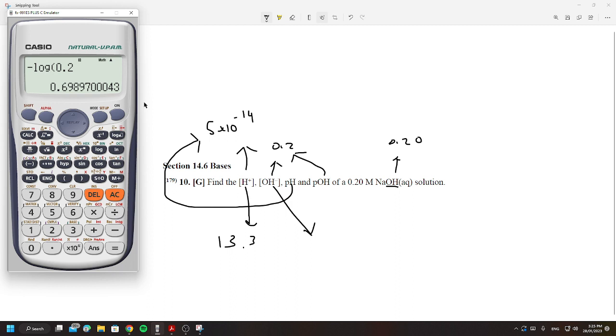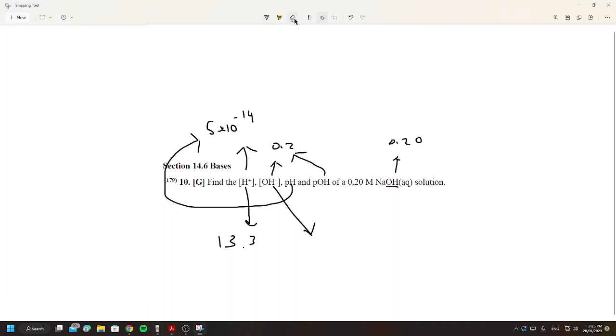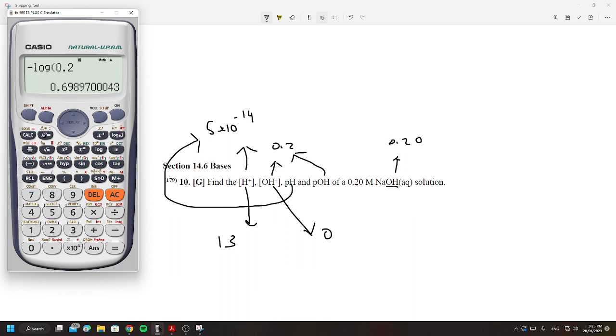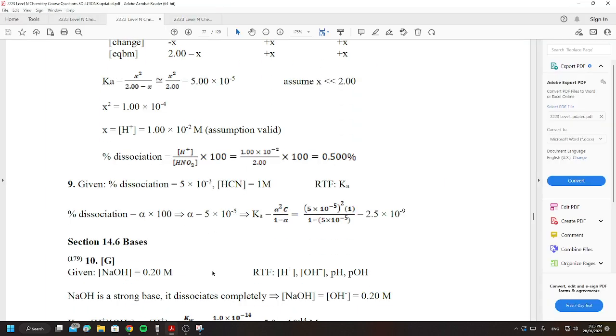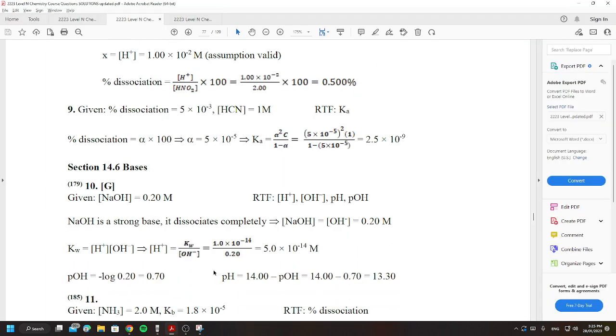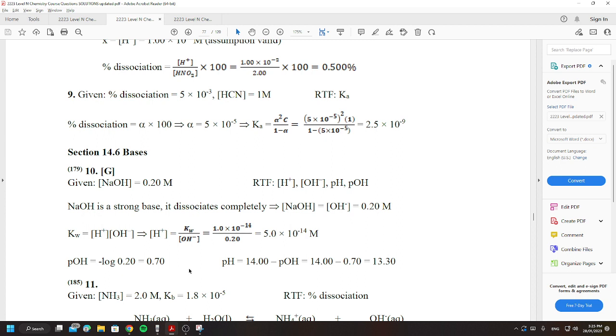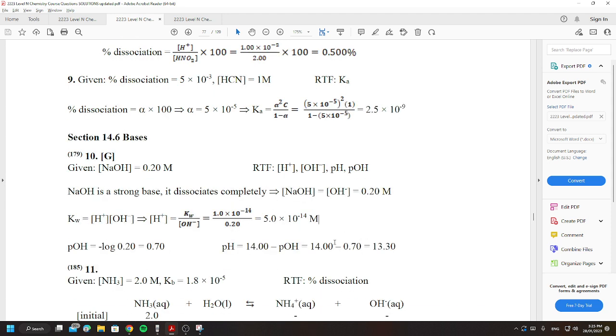Here it's two significant figures, so 0.70. I feel like something is wrong with this. Yeah, okay, 0.7 and 13.30, or 13, because here it's two significant figures.